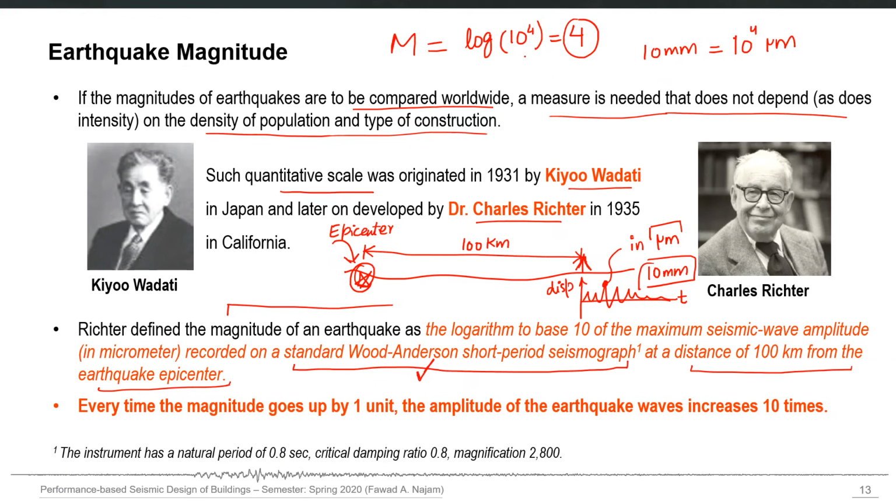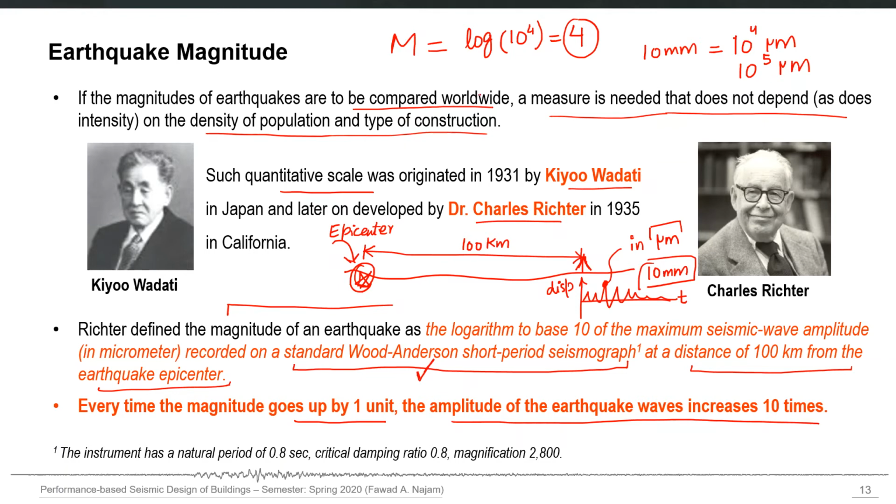Which means that if the peak number was 10 raised to power 5 micrometers, then the magnitude was 5. So every time the magnitude goes up by 1 unit, the amplitude of the ground waves increases by 10 times, because 10 raised to power 4, if you take 10 times that number, will be 10 raised to power 5.